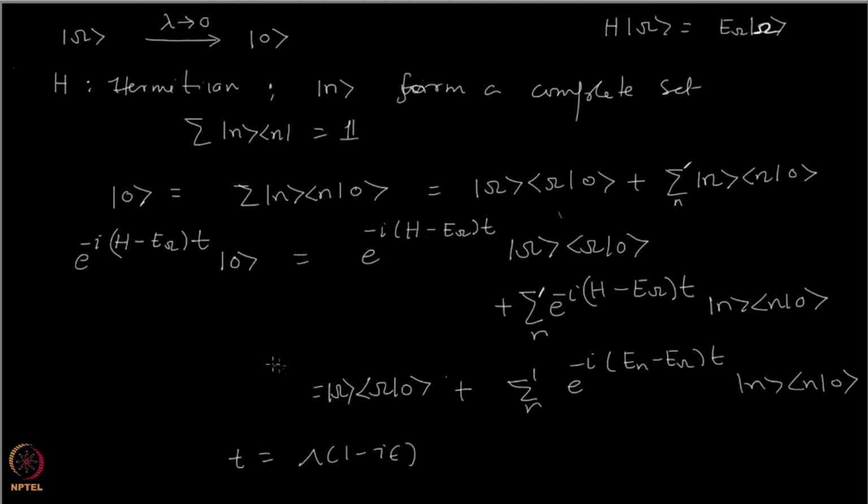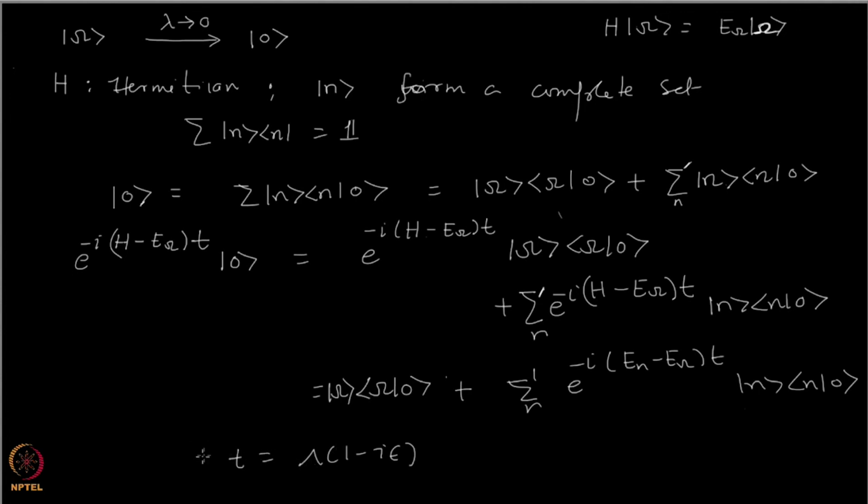So what is this? This is the left hand side, where instead of t I have put capital lambda times (1 minus i epsilon). As you see, I am giving time an imaginary piece by doing this, but eventually I take epsilon going to 0. So I do come back to real time, but I do so only after I have taken lambda to infinity.